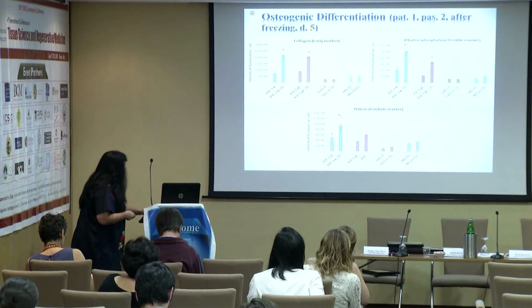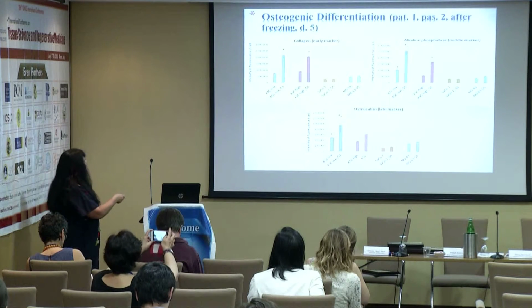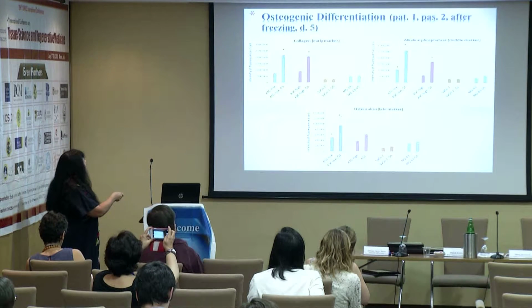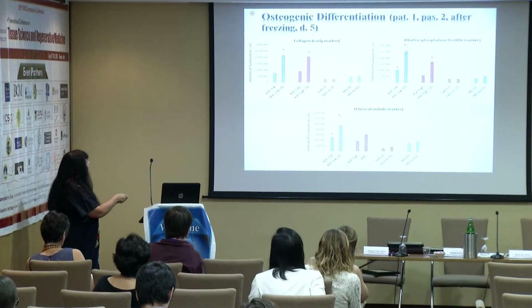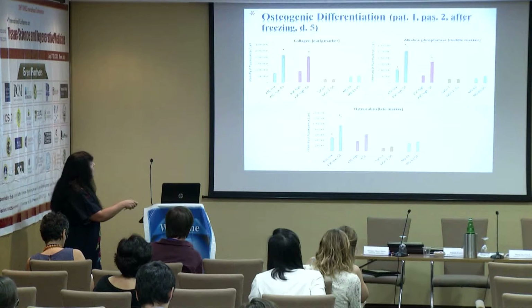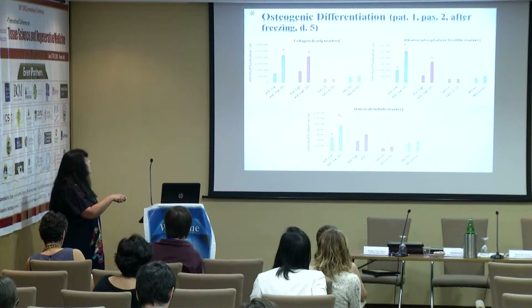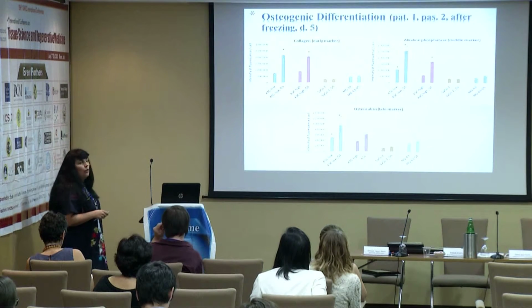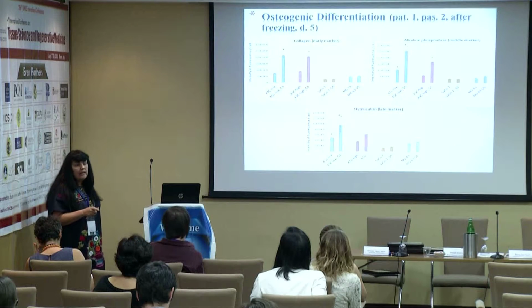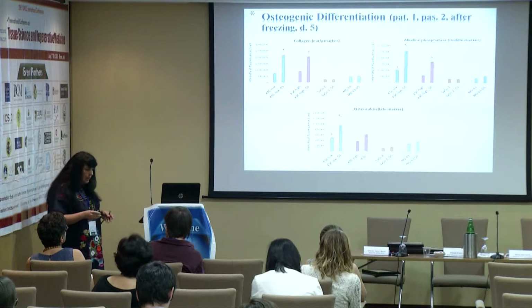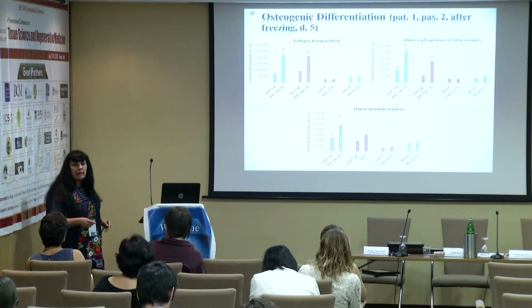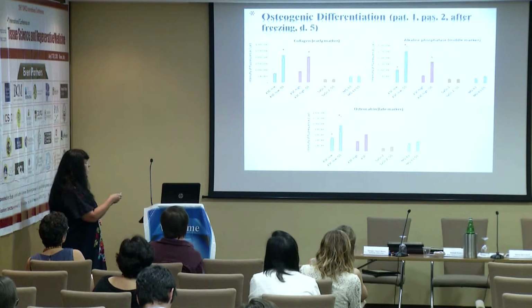And the result was, you can see, cells isolated under low pressure and high pressure. In general, especially in alkaline phosphatase and osteocalcin, you can see cells isolated under low pressure are better in osteogenic differentiation. They were worse in growth, but better in osteogenic differentiation.